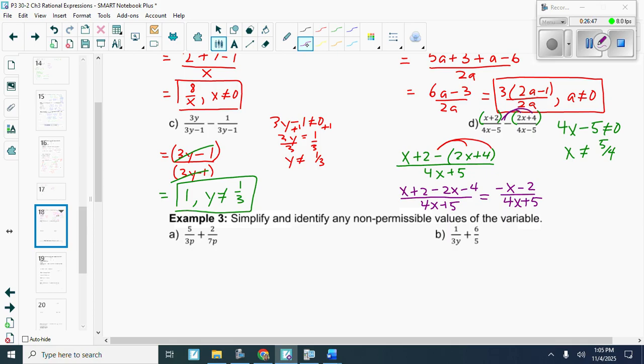Okay, so this, I would say, is an okay answer. If you want it to be the absolute best answer, we would take out what's common between the top. Both terms are negative. We would take out the negative 1.